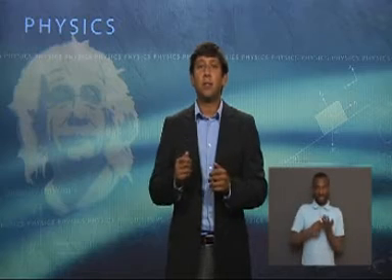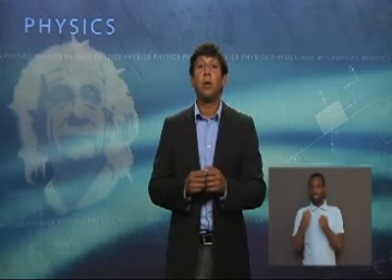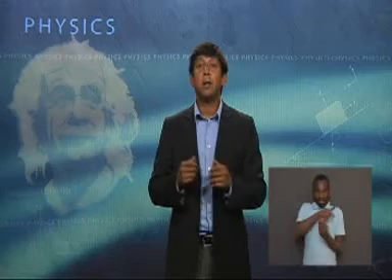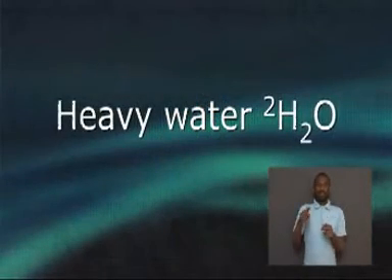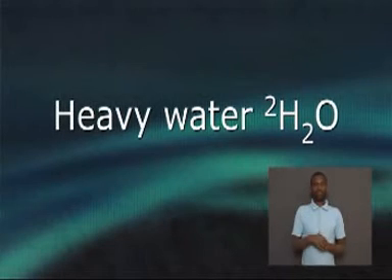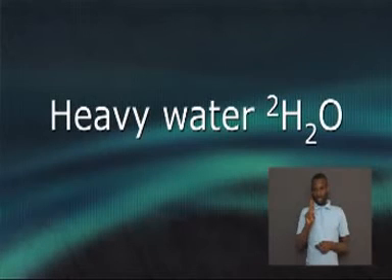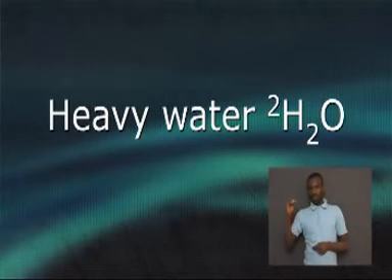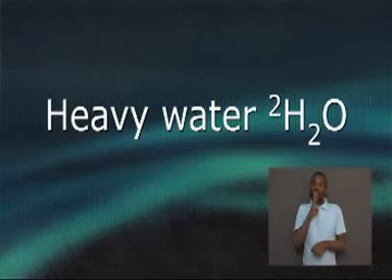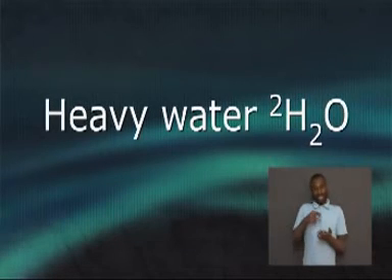Because the ratio of protons to neutrons is 1 to 1, there is a strong nuclear force holding this particle together. Deuterium can occur naturally in the oceans. In nuclear reactors, it is used in the form of 2H2O, or heavy water, to moderate nuclear reactions by slowing neutrons.